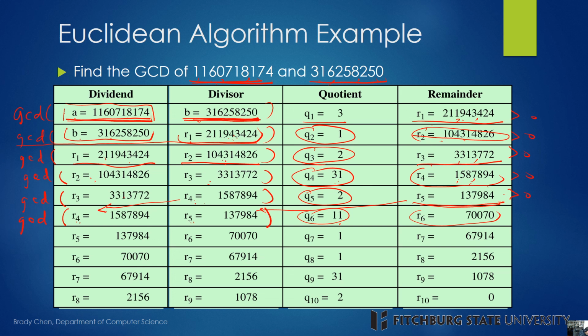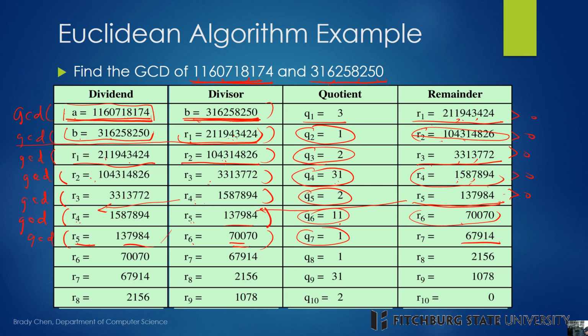So then the problem becomes the GCD of R5 and R6. So divide R5 by R6. We got a quotient of 1 and the remainder 67,914.